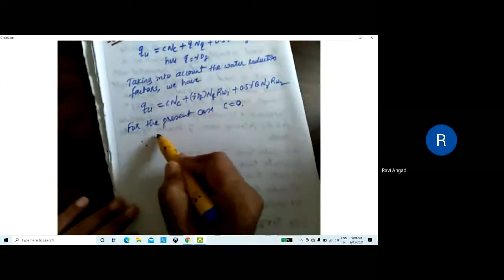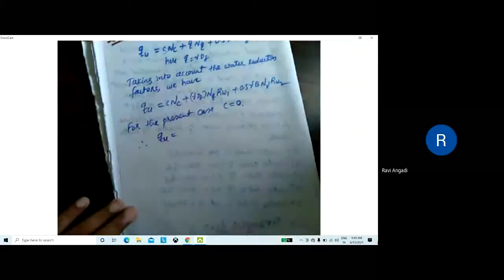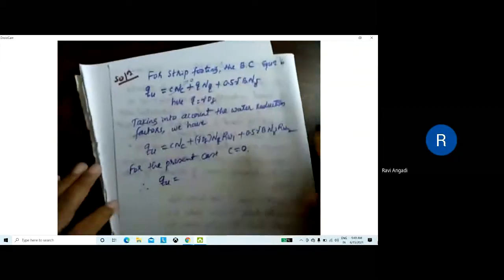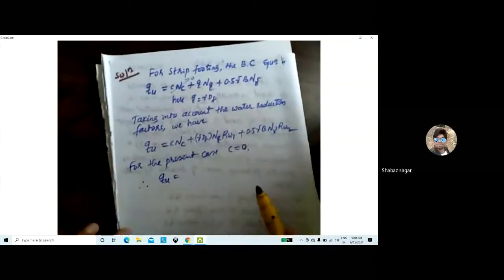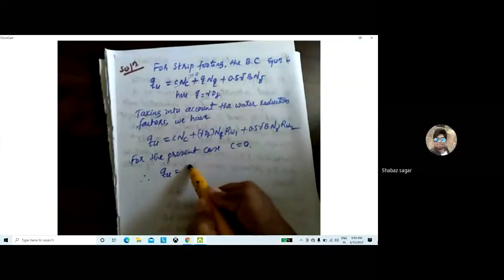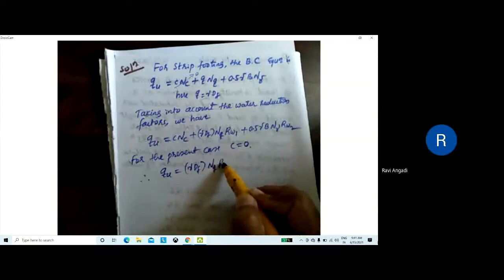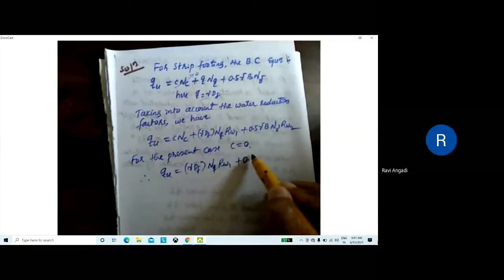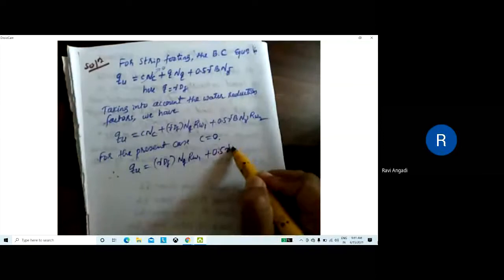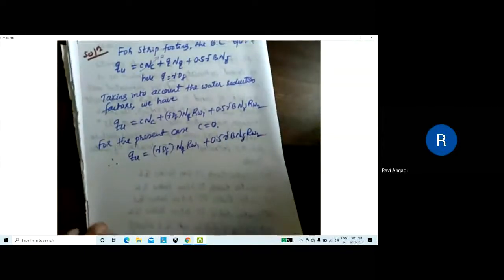The above equation becomes qu equal to, because the first term will be 0, gamma into Df Nq Rw1 plus 0.5 gamma B N gamma Rw2. This is the equation finally, because c is equal to 0 here.